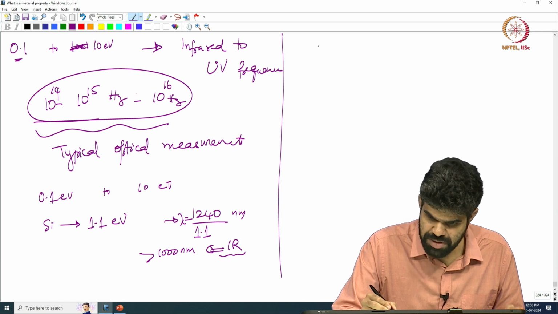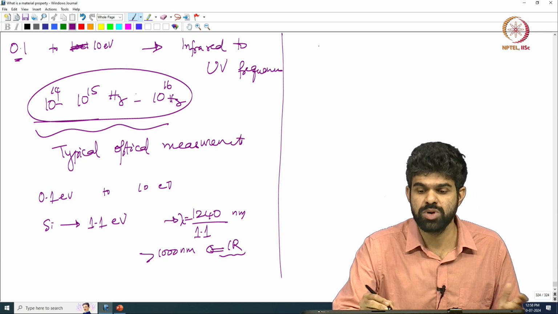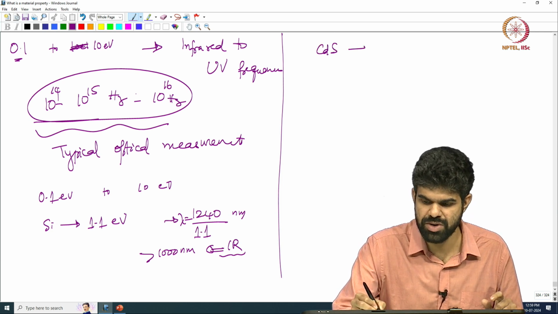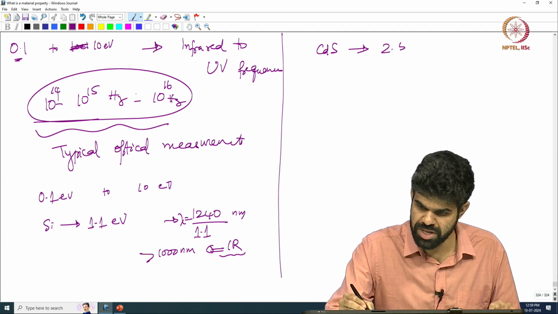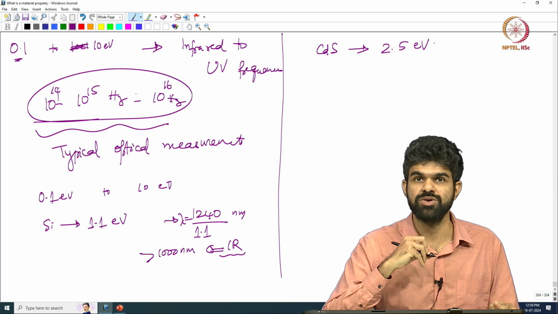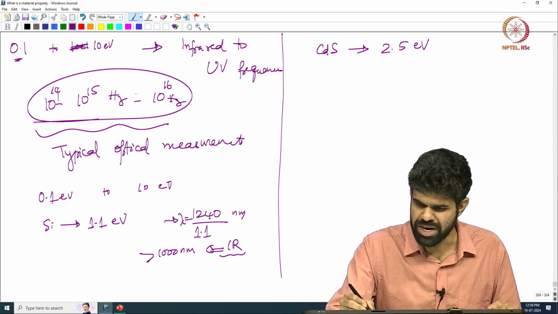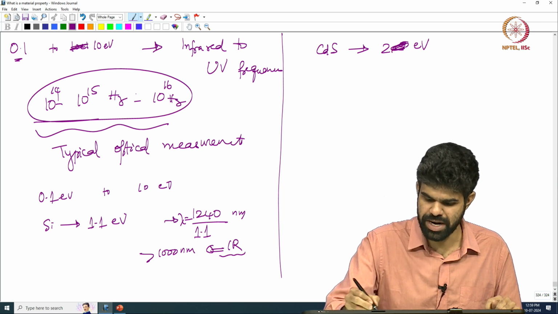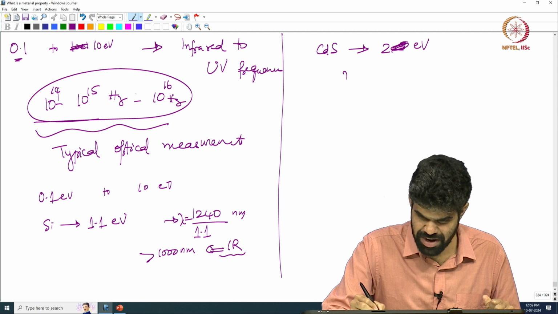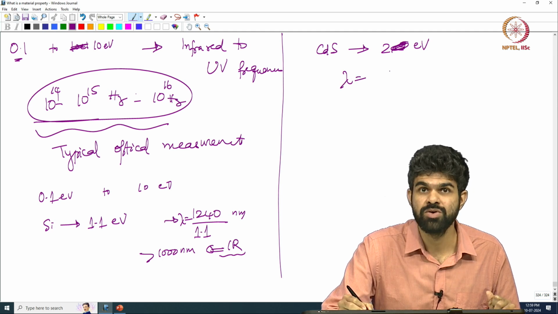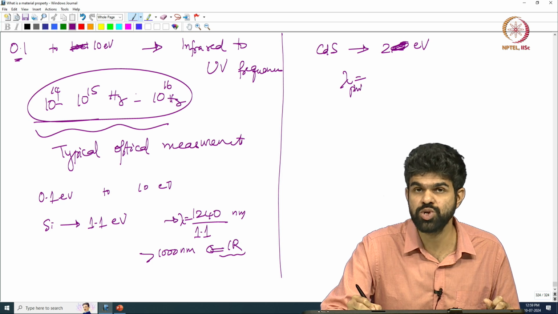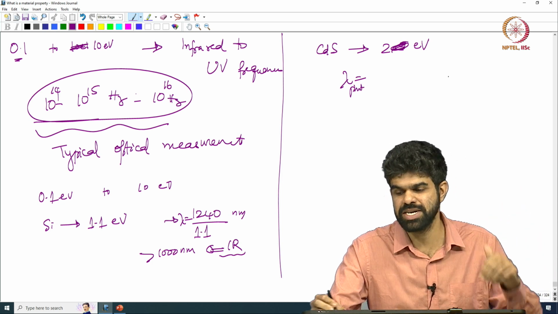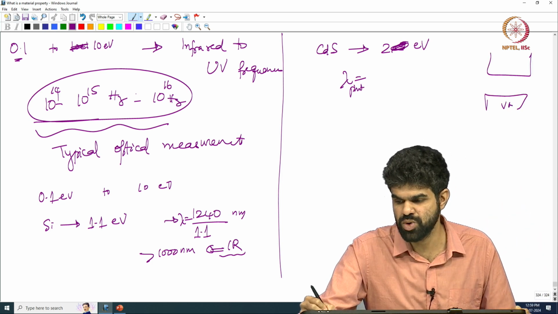Now, if I take something like fluorescent materials, cadmium sulphide, right. So, cadmium sulphide has a band gap of around, let us say, I do not remember the exact values, but let us say 2.5 electron volts, or 2 electron volts, that is easy to calculate. So, then what is the wavelength of the photon that I need to use to excite an electron from valence band to conduction band, right.